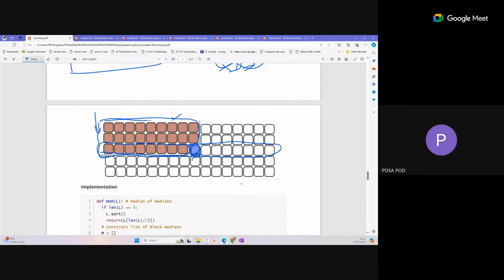Similarly on this side, all these elements will be greater than this.